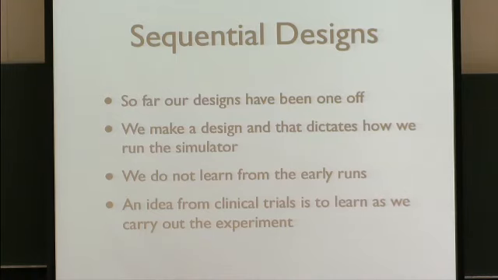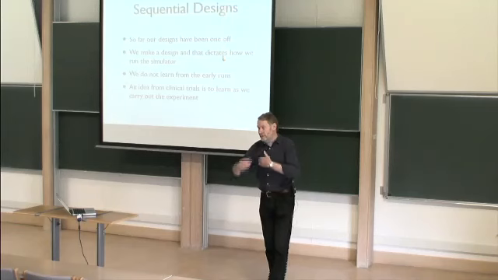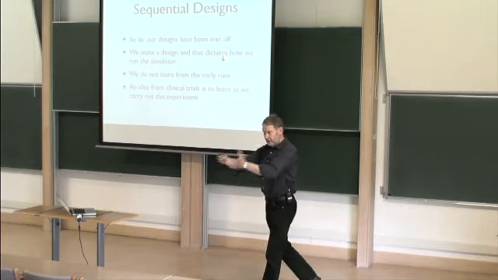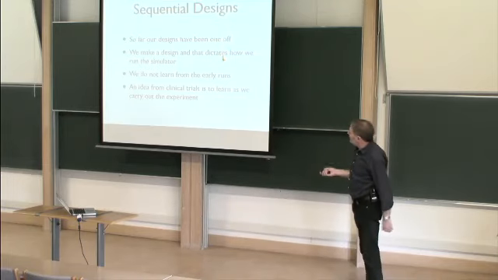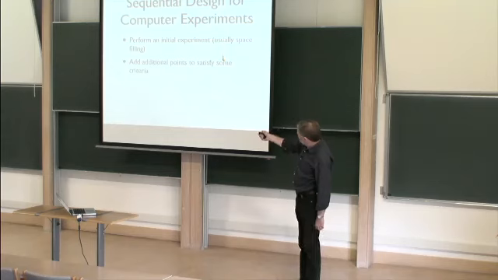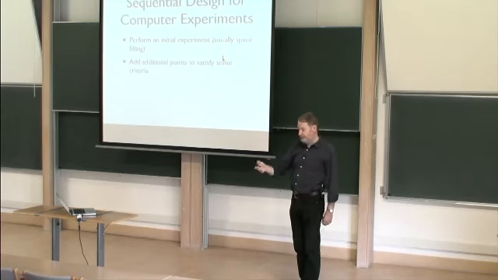Now, so far I've talked about one-off designs. We make a design and we run it, but that doesn't allow us to learn from the early runs. Well, we could learn from our runs and then do extra runs in a sequential way. One way to do that: we might perform an initial experiment, usually a space-filling one, and then add some points to satisfy some criterion.